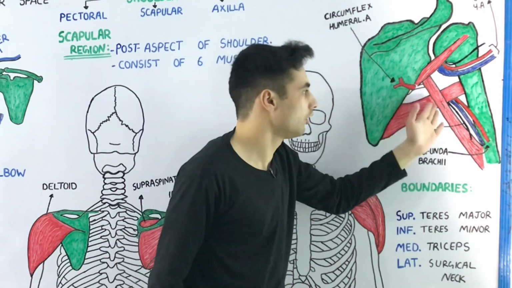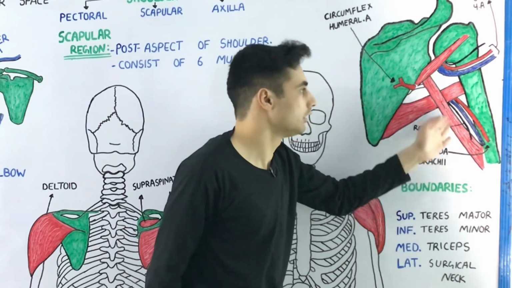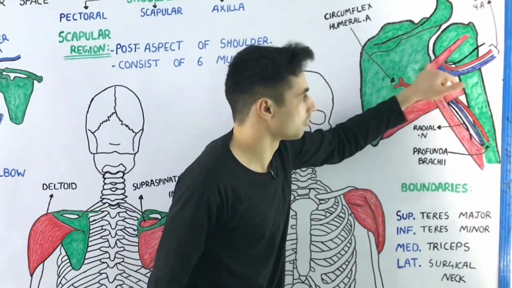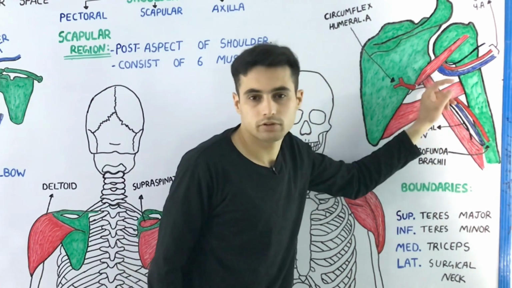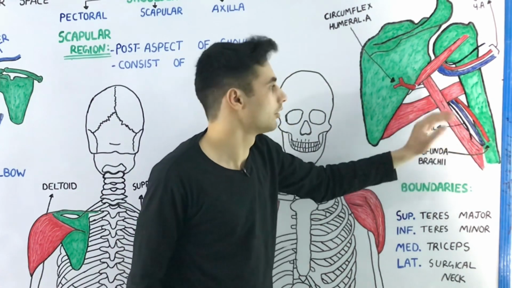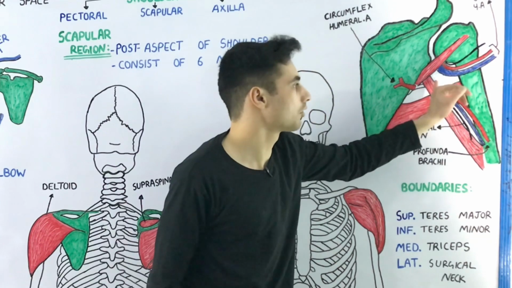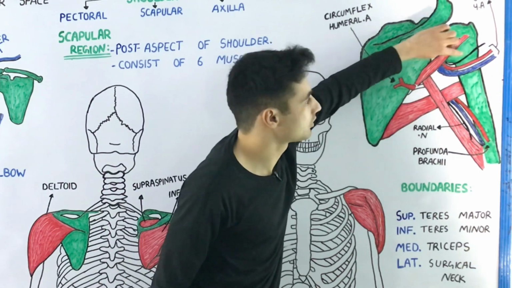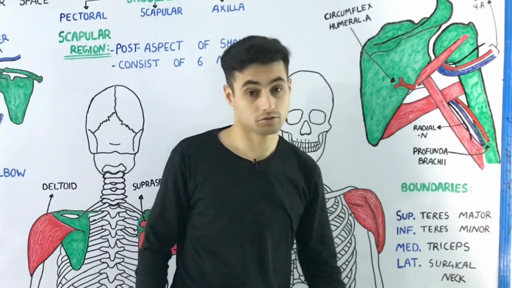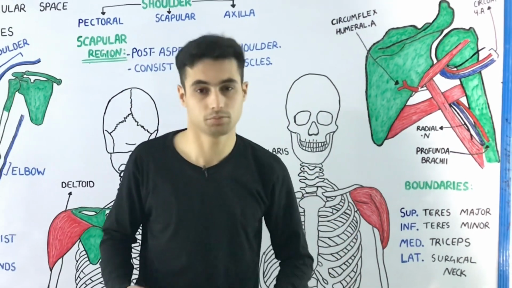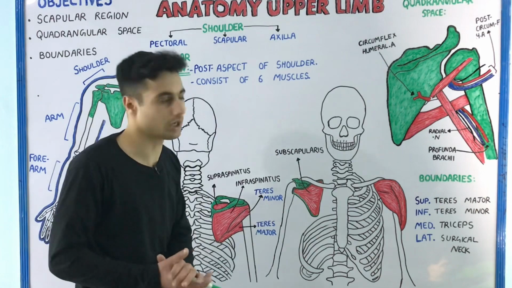Now, if you look on the right side or medially to this quadrangular space, this is the long head of the triceps tendon. Now, on the lateral side, on the left side, we have the surgical neck of this humerus bone. This is all about the quadrangular space along with its contents and boundaries.